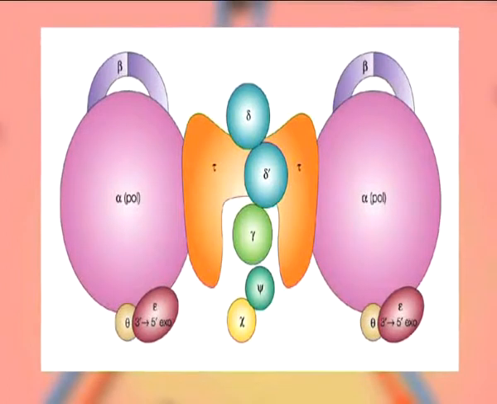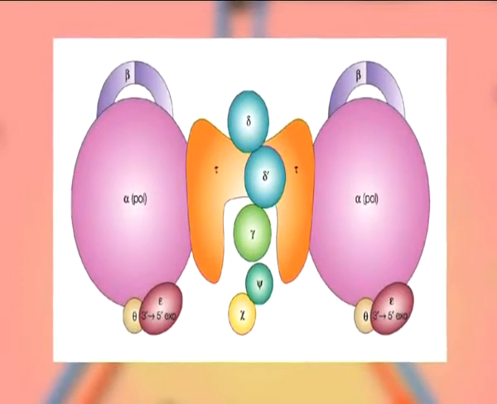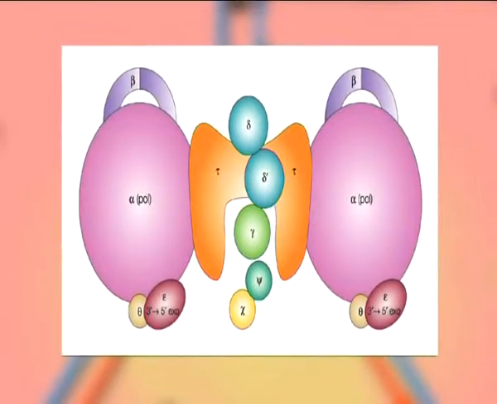The core enzyme, which has the ability to synthesize DNA, consists of subunits alpha, epsilon, and theta. The tau subunit is responsible for dimerization of catalytic core and increased activity.